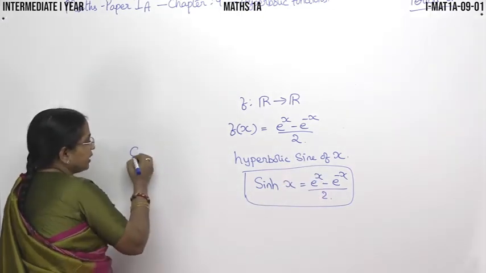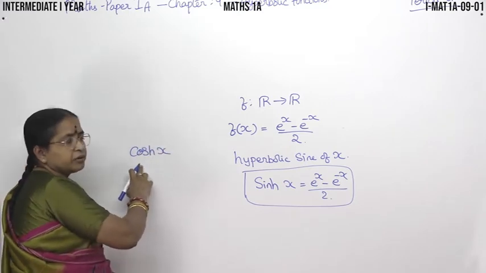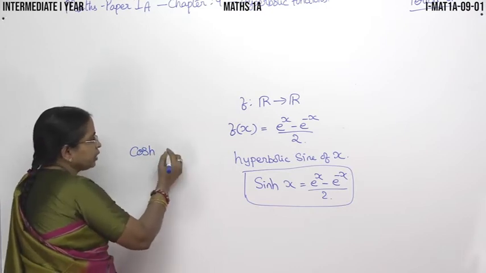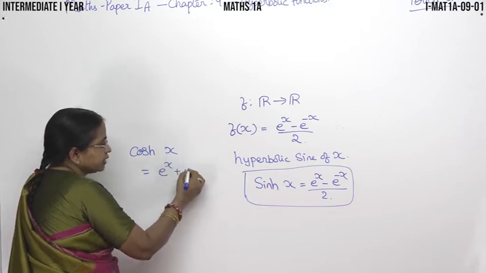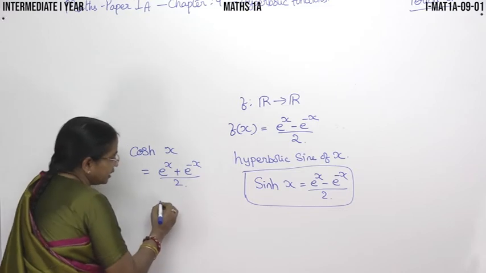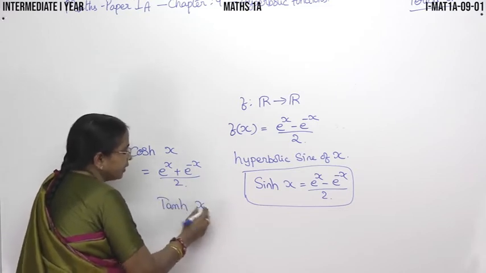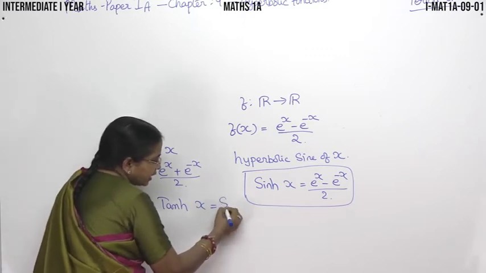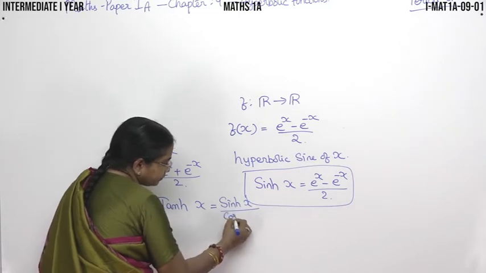Next we define cosh x, the hyperbolic cosine of x. Hyperbolic cosine of x is defined as e power x plus e power minus x by 2. Next is tanh x, the hyperbolic tangent of x, defined as sinh x by cosh x, like how you have in trigonometry.